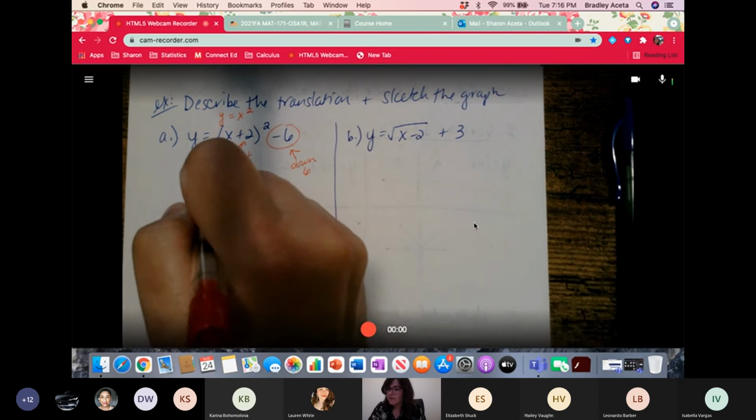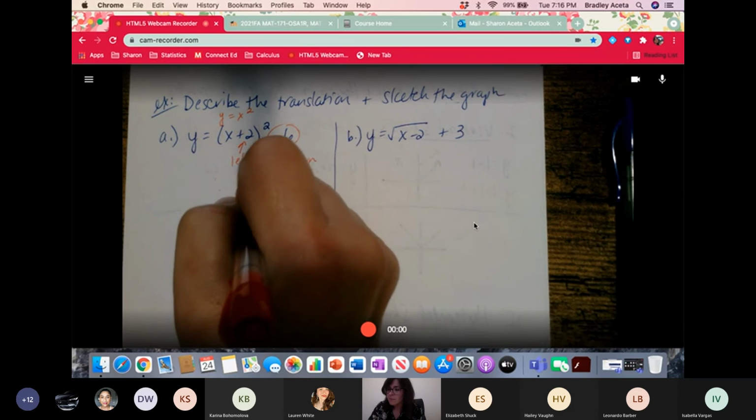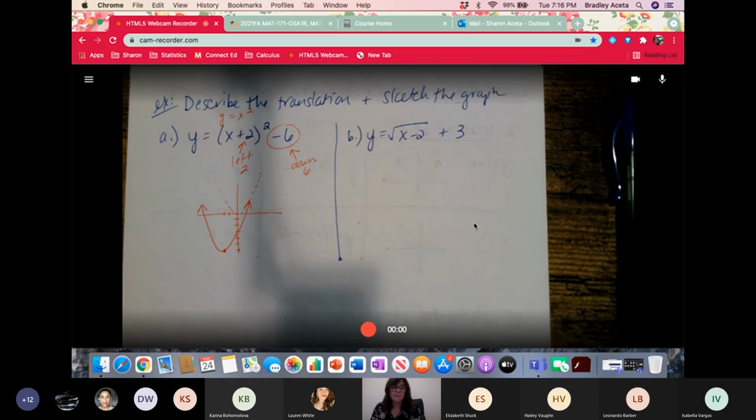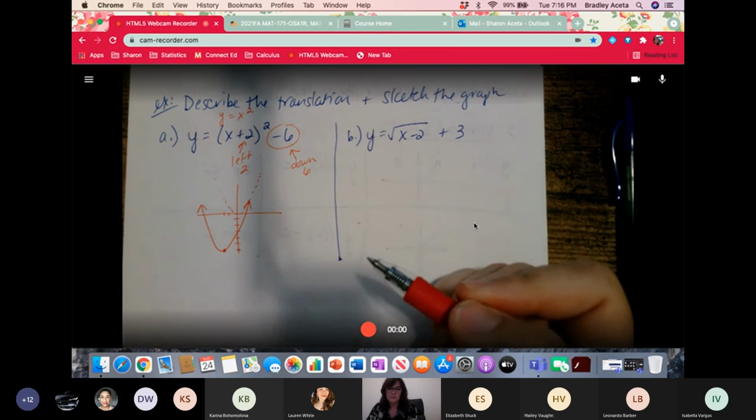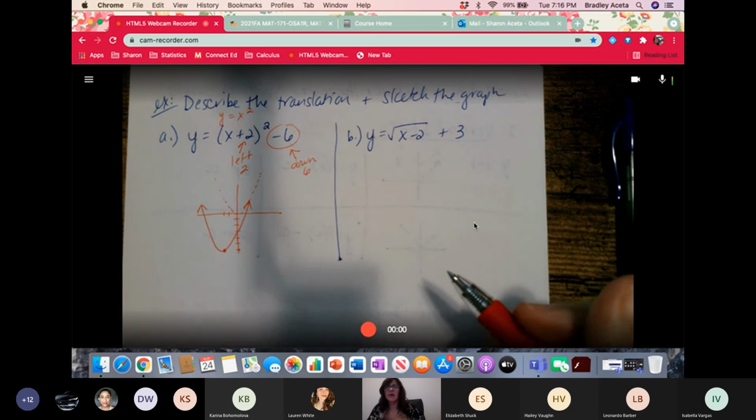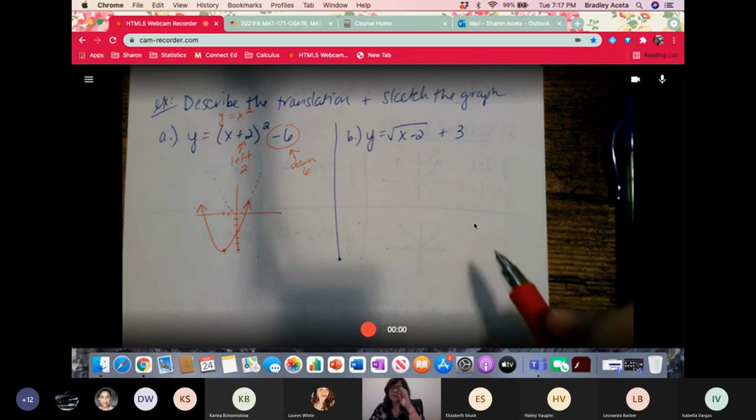So that point there is the vertex of that parabola. And obviously you can put this in your calculator just to double check, but that's what's going to happen. It's going to go down 6, left 2. Pretty neat. That's why knowing all those parent functions from the first lesson is really important.